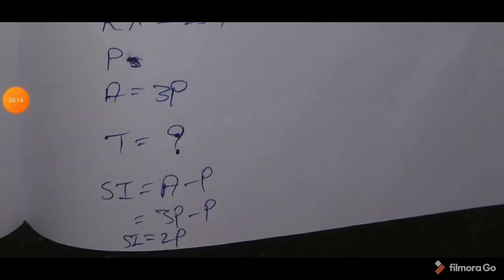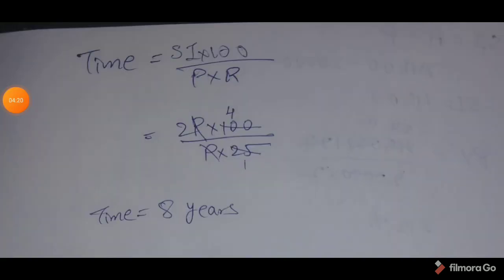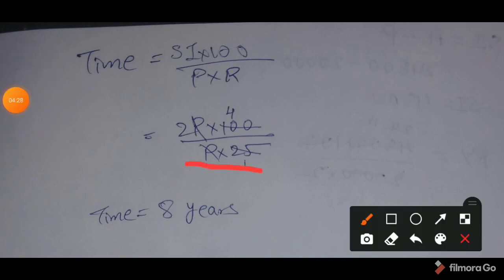Simple interest equal to 2 times the principal. And time equal to SI into 100 by P into R, then SI is 2P into 100 by P into 25. So P and P get cancelled, 25 ones are 25, 25 fours are 100, 2 fours are 8, so the time period is 8 years, where the principal amount will become triple, 3 times itself, after 8 years.